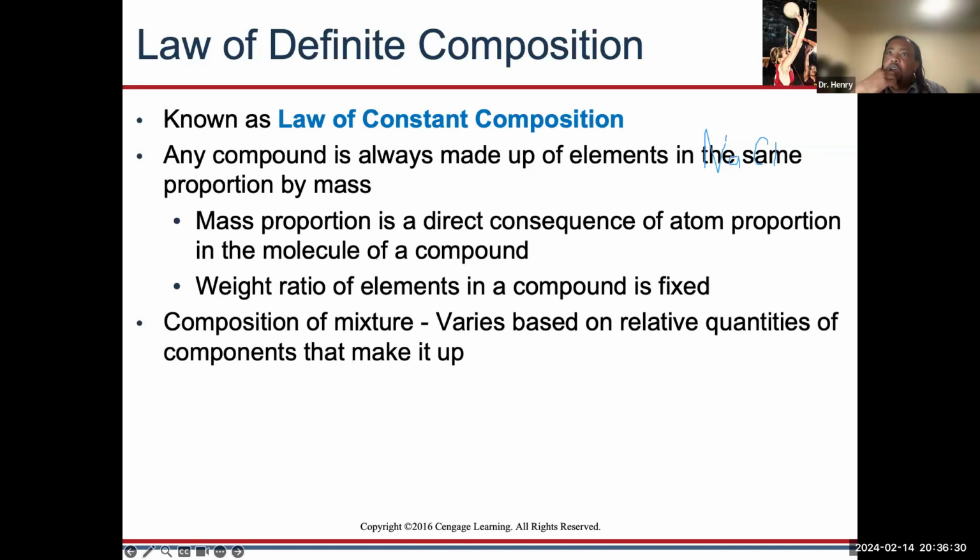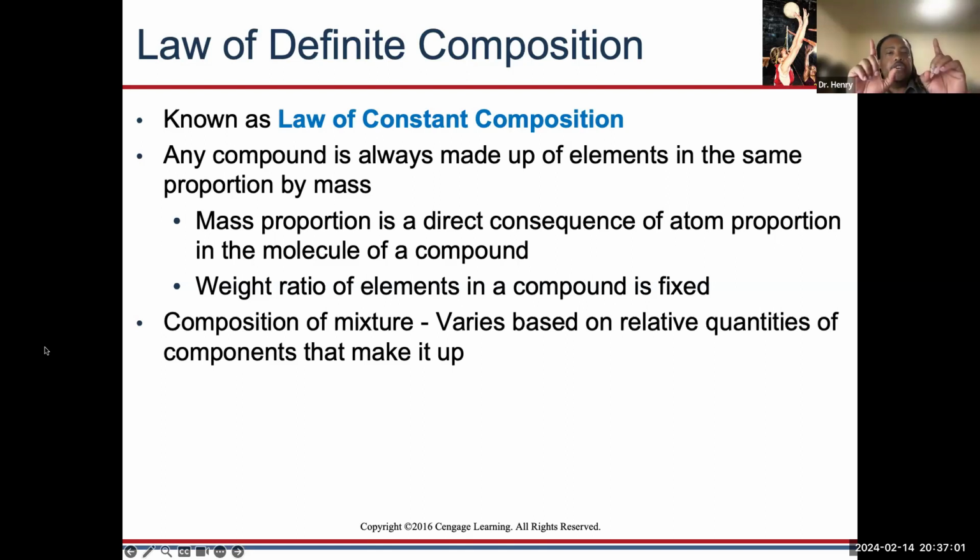So there's a law called the law of constant composition. Okay, so when we talk about a compound, such as sodium chloride, it is always going to be made up of sodium and chloride.